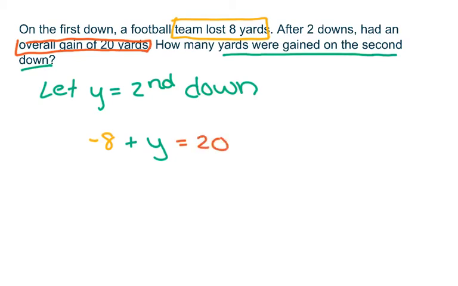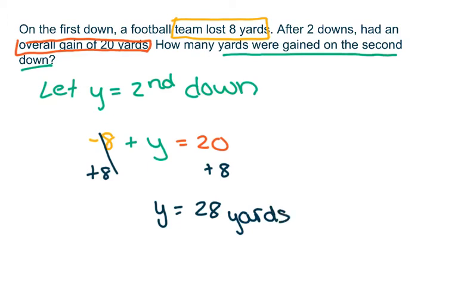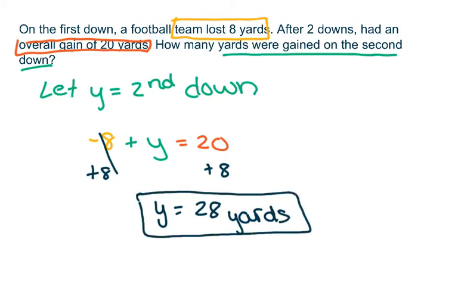So all together I have 20 yards. So now I can solve this problem. So I would add 8 to both sides. So Y would be 28. And we have to answer the question. So this would be 28 yards. Okay, you need to make sure you have your units.